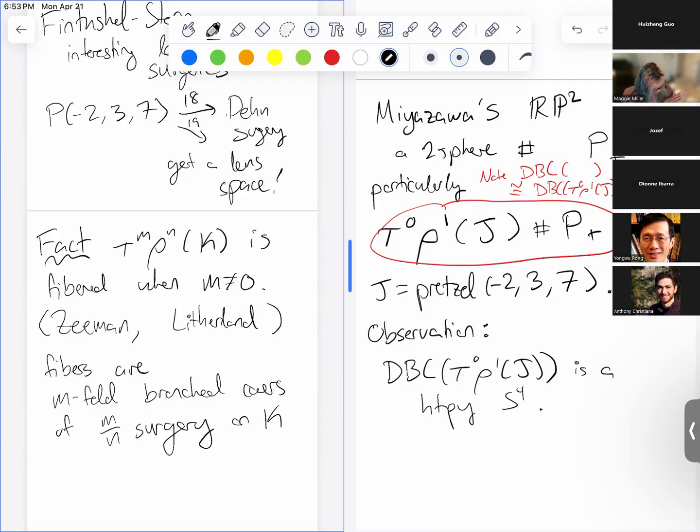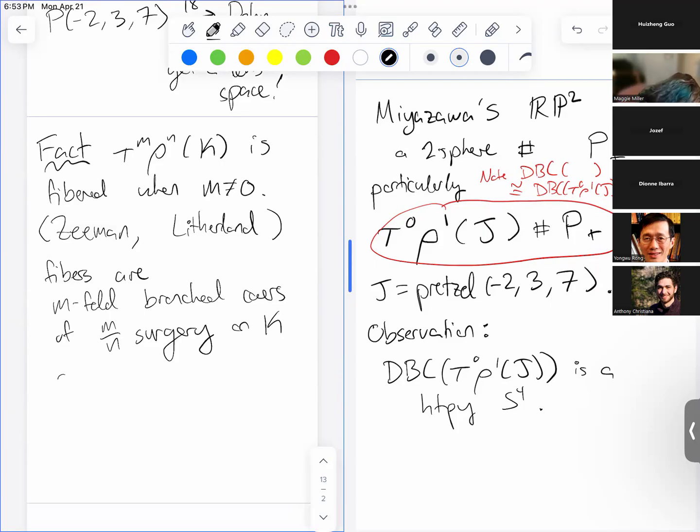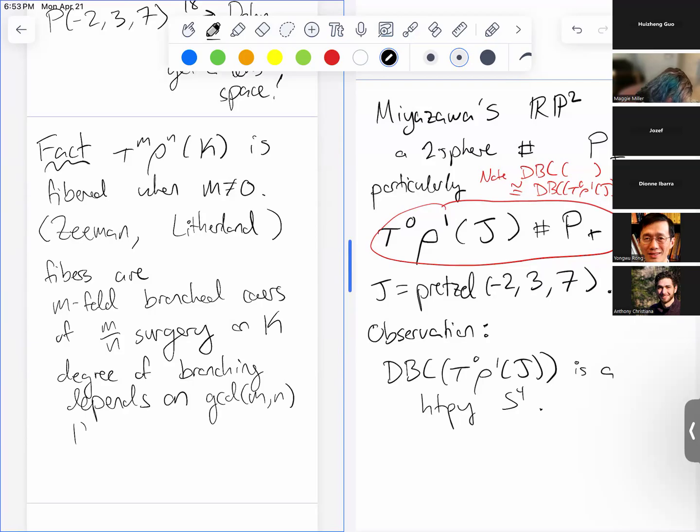So these are going to be branched covers, but the degree of branching is going to depend on the GCD of M and N. In particular, if they're coprime, then it's just a regular cover. The branching is degree 1, so no branching.